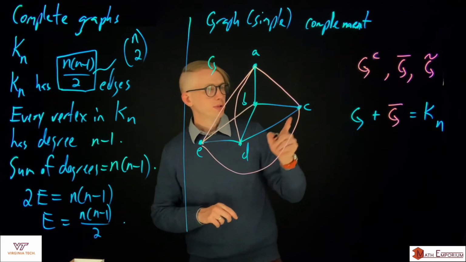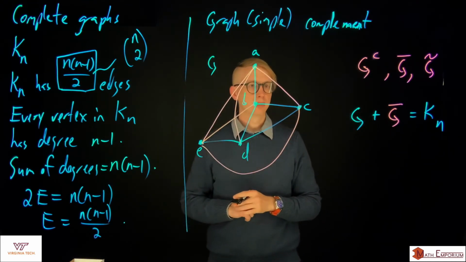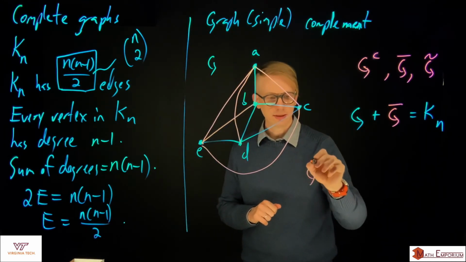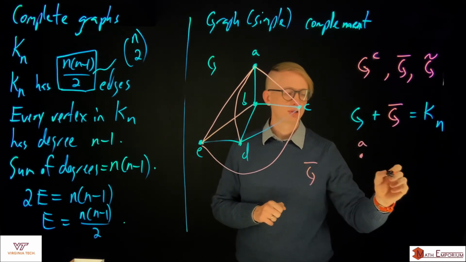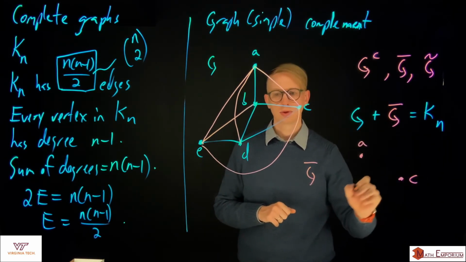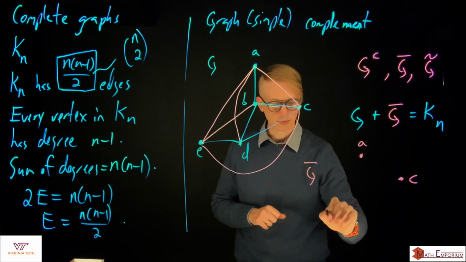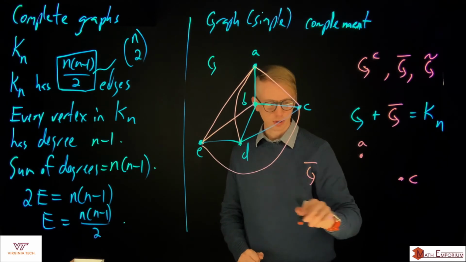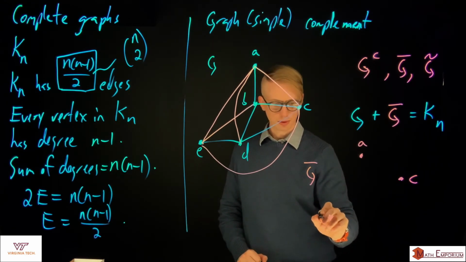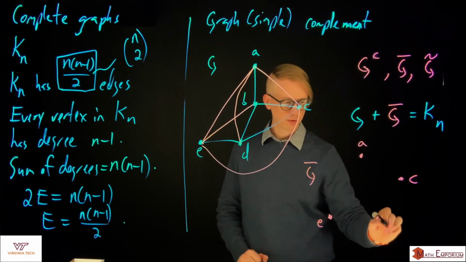So G bar, the complement, is the thing that I drew in orange here, and I can just pull that off. I'm going to copy it off to the side here, so you can see it's isolated from this mess. So G is its original in bluish green. Sorry, that's E. Let me stop talking for a second and just draw.